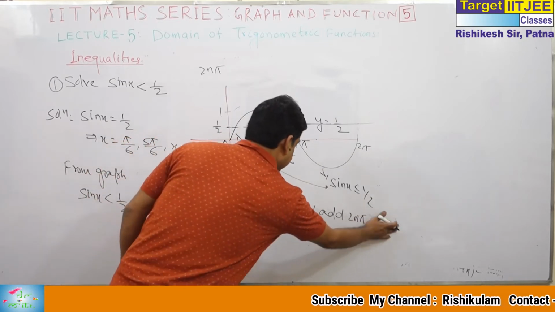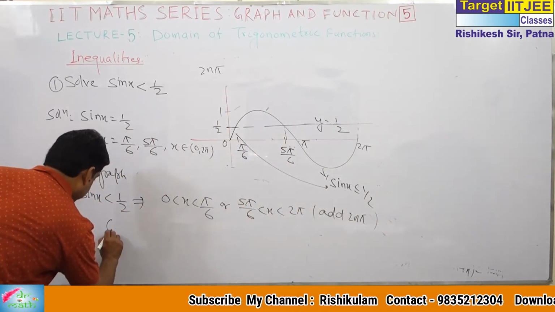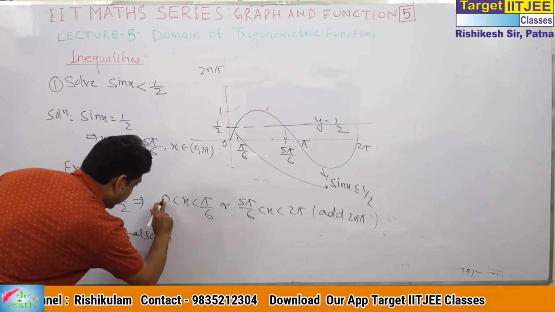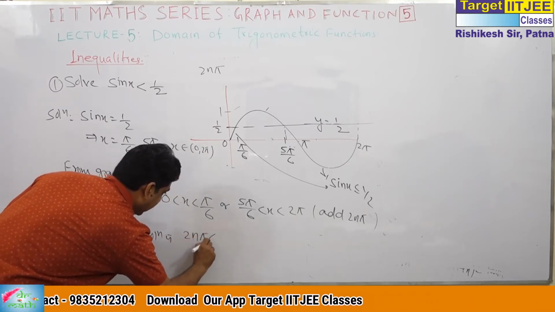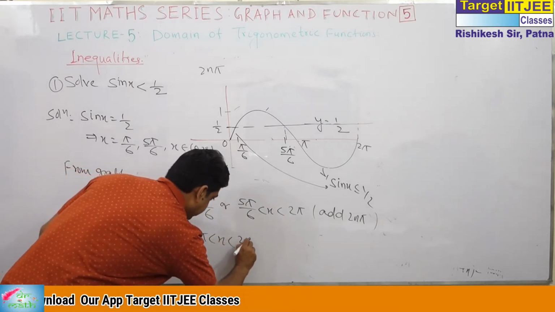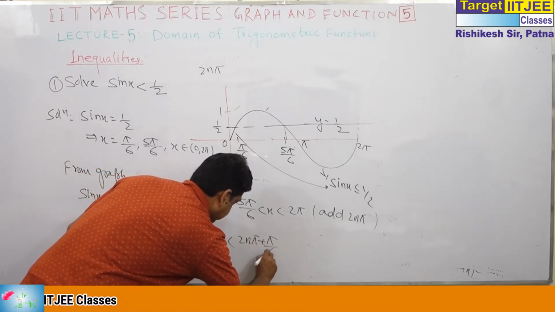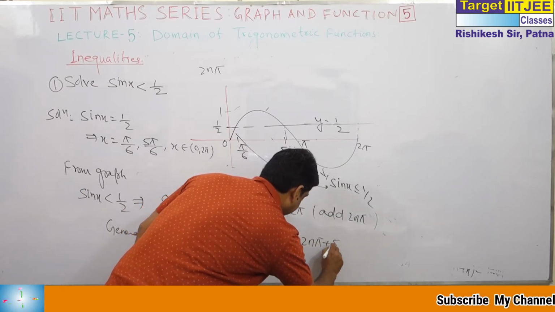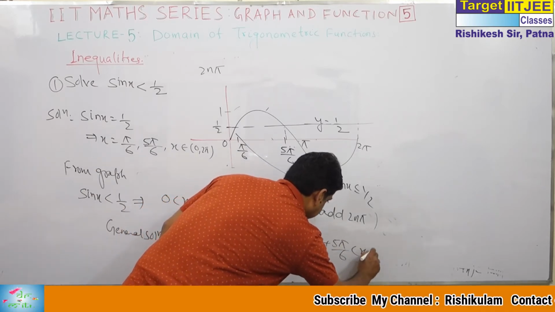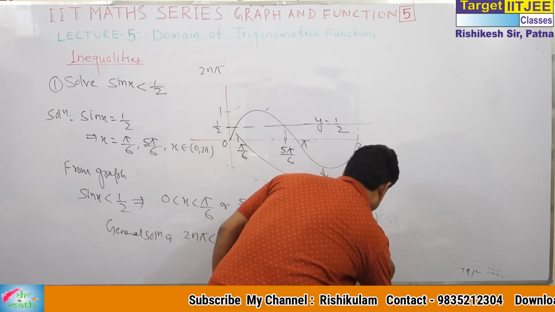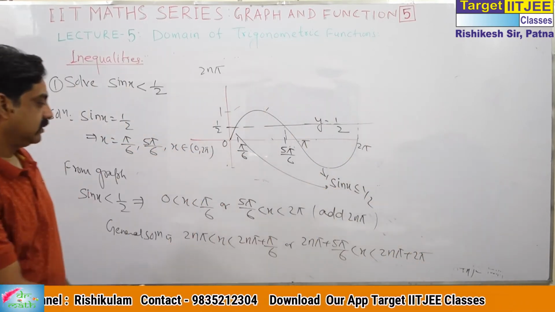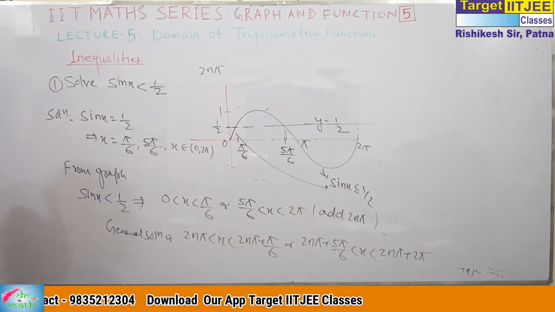Adding 2n pi, the general solution is: 2n pi less than x less than 2n pi plus pi by 6, or 2n pi plus 5 pi by 6 less than x less than 2n pi plus 2 pi. So this is the general solution.